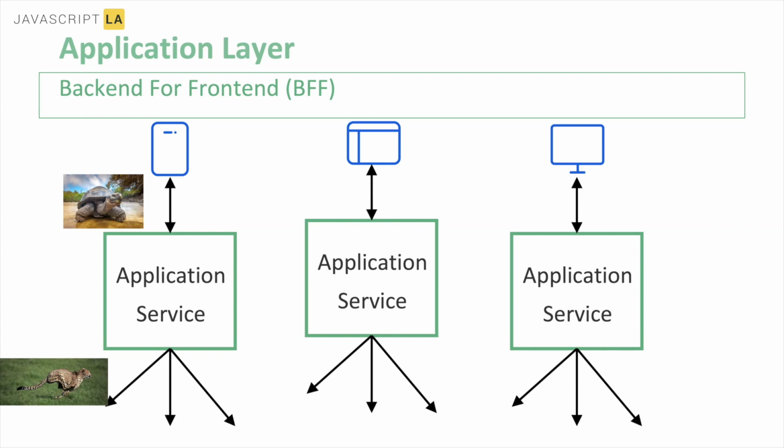But once I'm in that data center, assuming we've done things correctly, all of those calls within the data center should be pretty fast. So the idea is that as the client, I make a single call to this application service, which then fetches all the data it needs from all of the other services, packages that and returns it to the client.